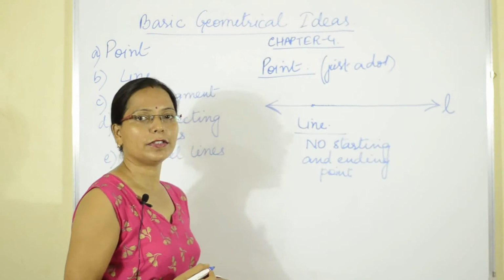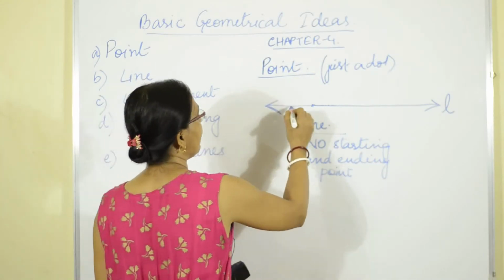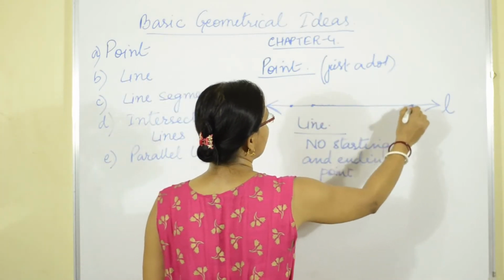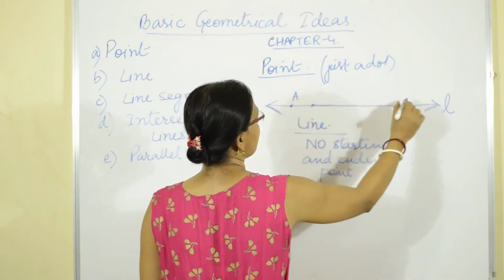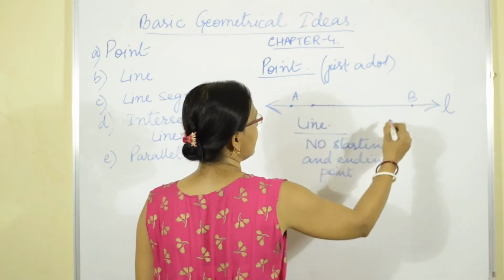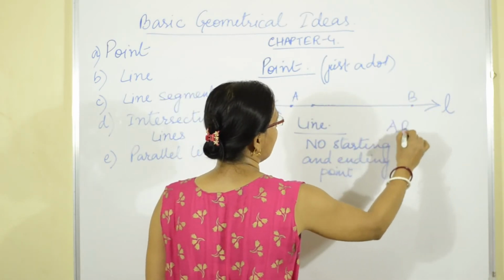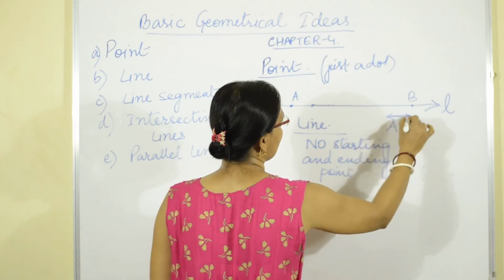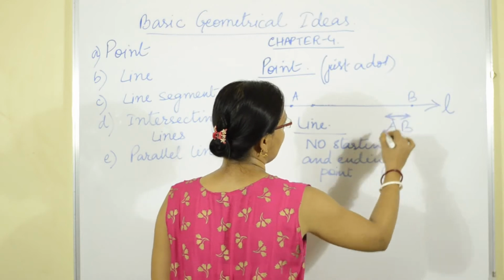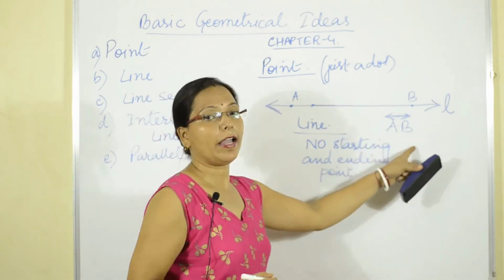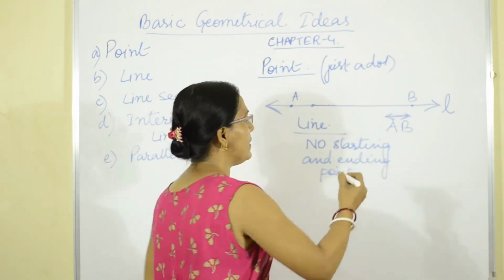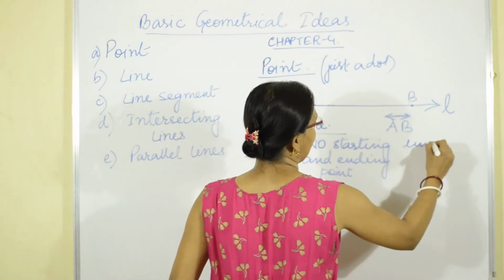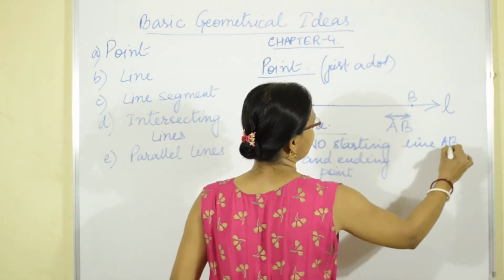But we can even denote a line with 2 points, say AB, and when we draw the line on top, you see that there are 2 arrows on either side. This means it's a line AB.